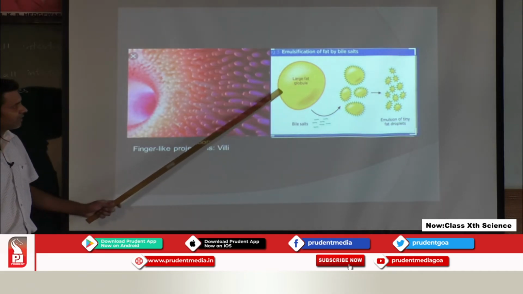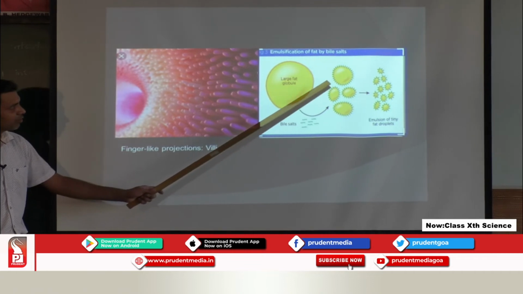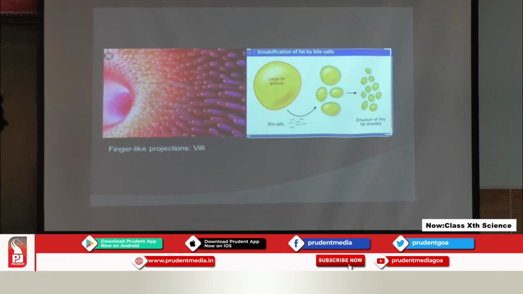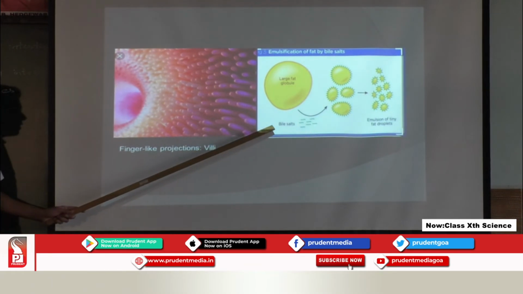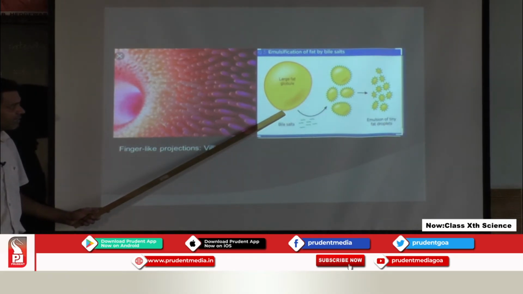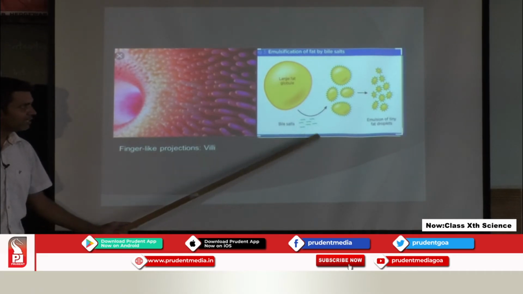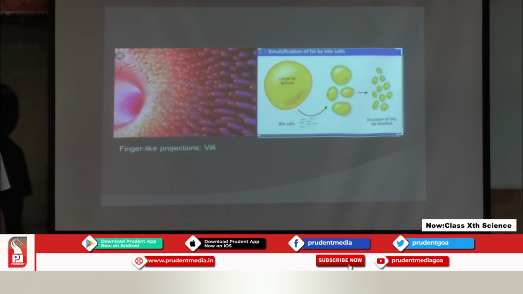Bile salts act on these large globules of fats and break them down into small globules. This process of conversion of large globules of fats into smaller globules of fats by bile salts present in bile juice, we call emulsification of fats.